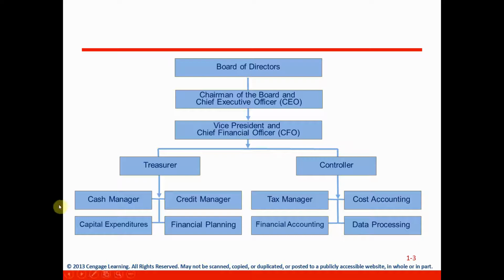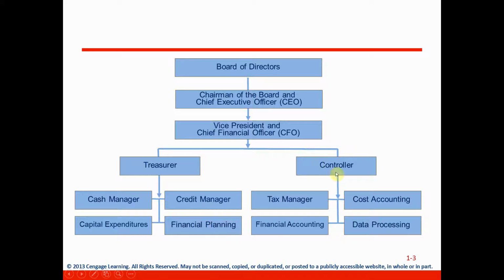Since the money could be in the form of cash or in the form of credit, you have a cash manager and you have a credit manager. And of course, the company will spend a lot of money to launch a new business or to acquire an existing firm. That is referred to as a capital expenditure. And of course, the company will do daily financial planning in the short run.